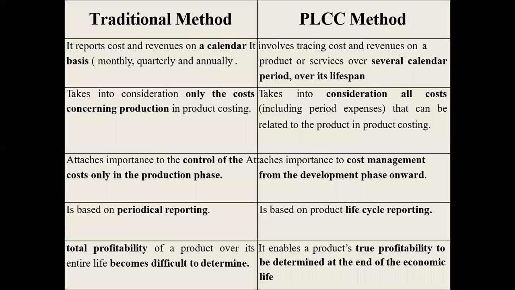Next point is that it takes into consideration only costs concerning production in product costing. So if only a product is there, here we are only considering the production cost. Suppose you are preparing a building, then only that building's production cost is considered in the traditional method.